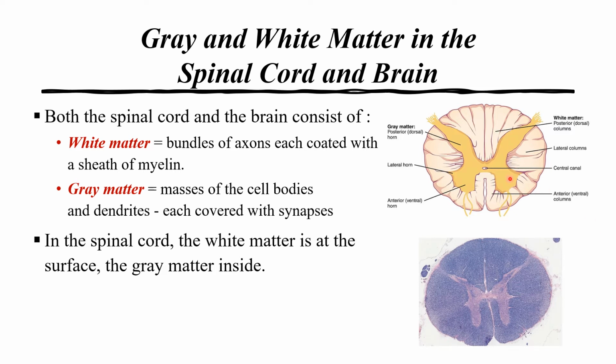Okay, so here you will see the gray matter and then the white matter. The white matter has posterior dorsal columns, and for the gray matter, you have different horns: the posterior or dorsal horns, the lateral horns, and then the anterior horns.